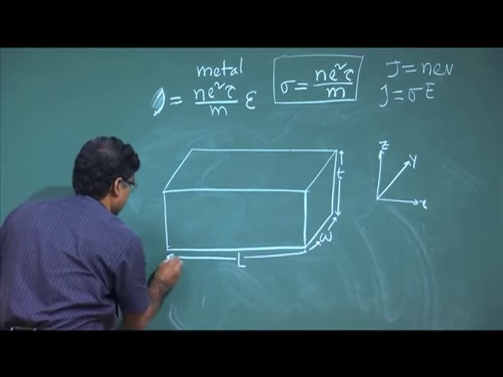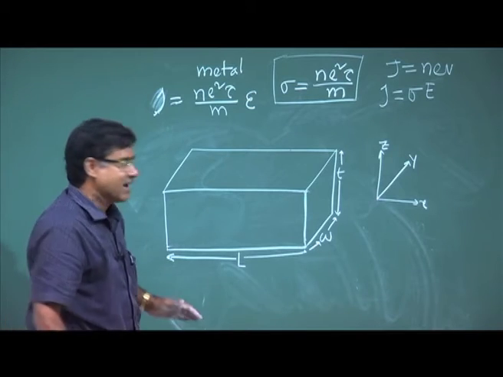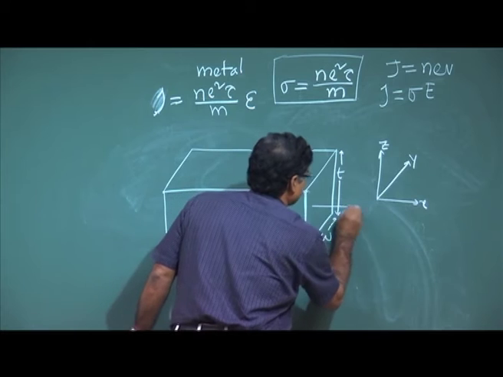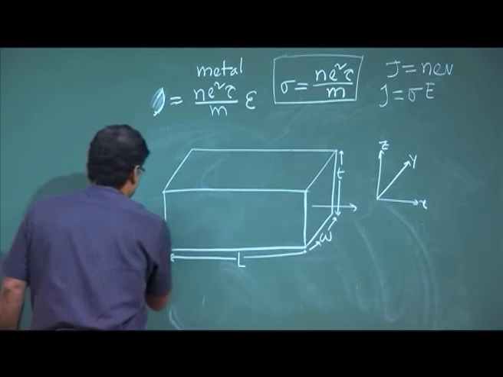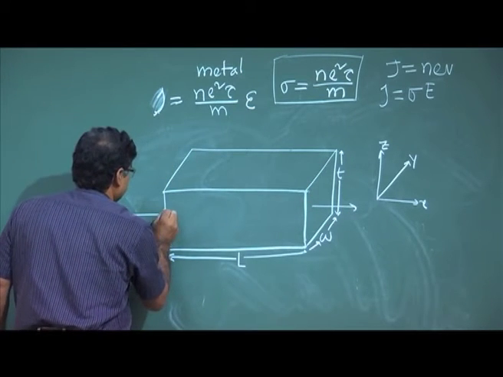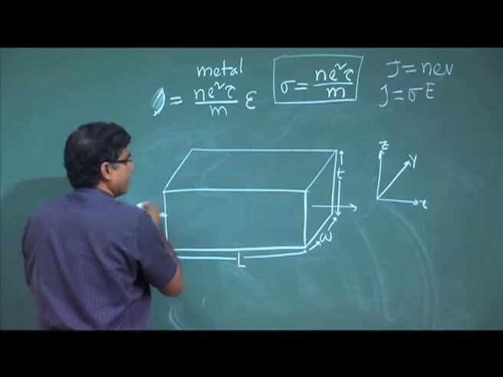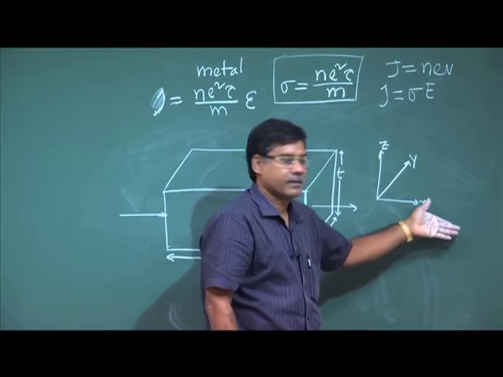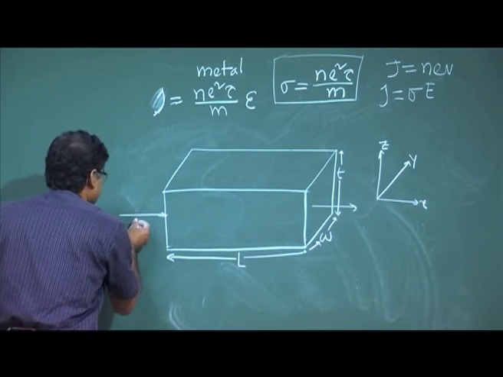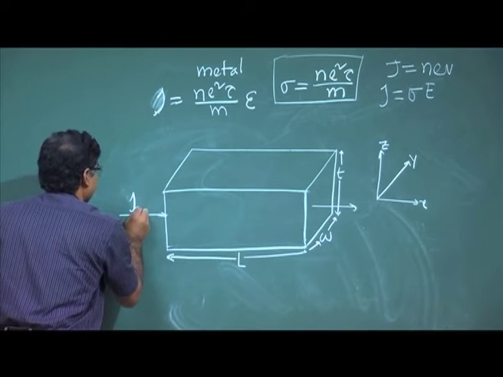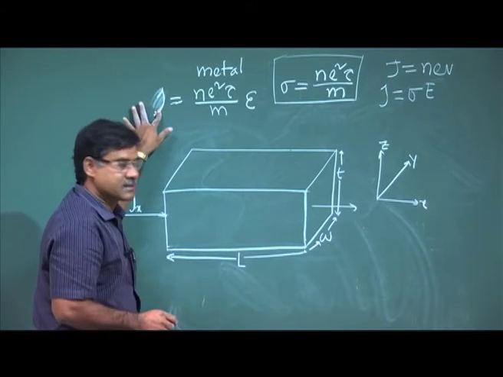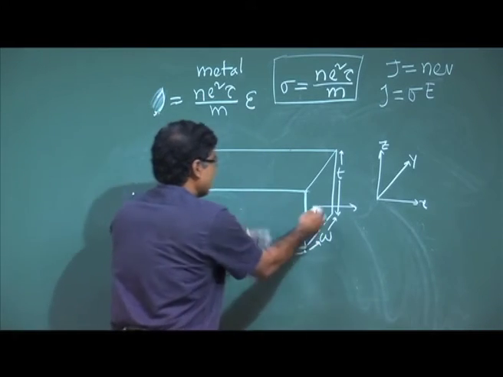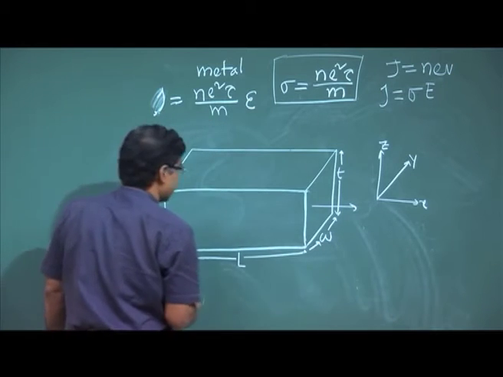So, we have applied the electric field along the x direction. Due to this electric field, current will flow along the x direction. So, we have current density Jx because of the electric field.